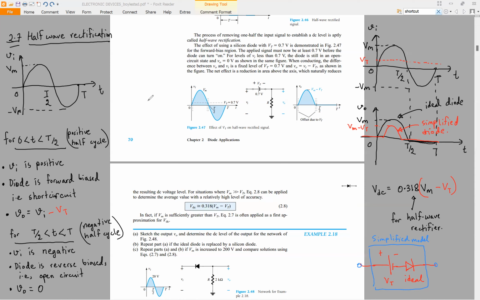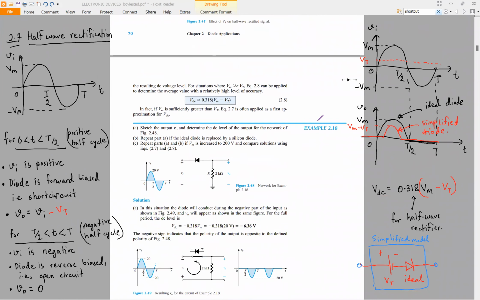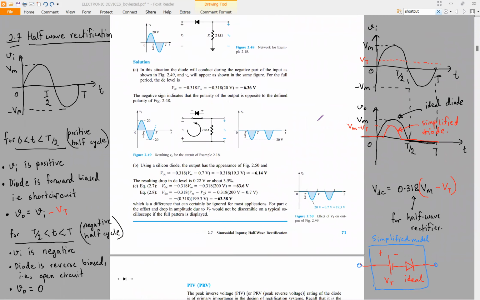So this is how a half wave rectifier works. Go through this math, go through these examples. Example 2.18.